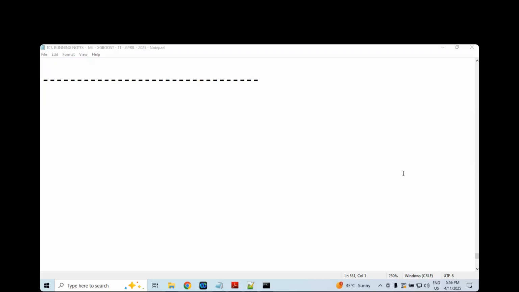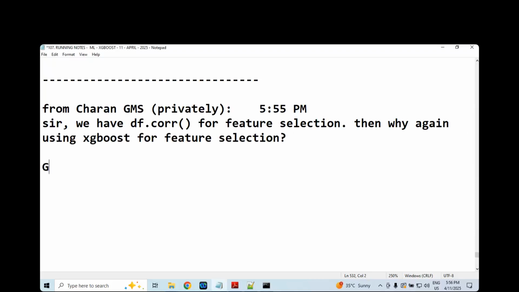Okay. Charan, we have correlation for feature selection. Let's take this point. Charan, good point, sir. Manually we need to call the correlation method.